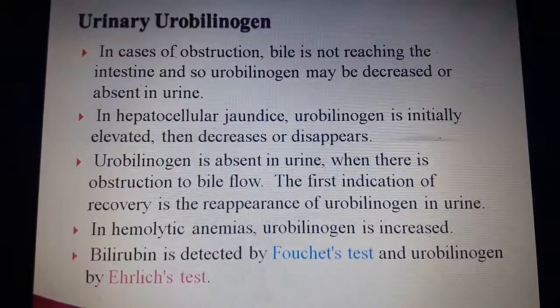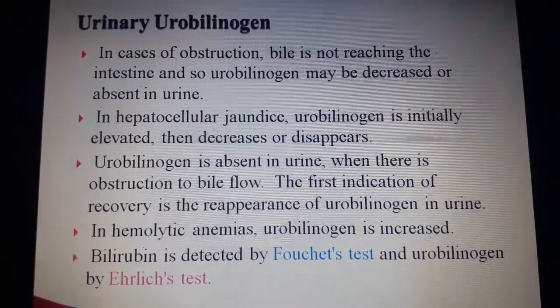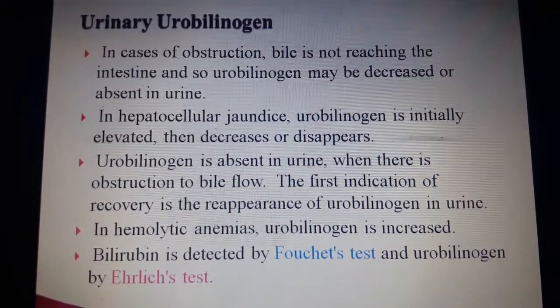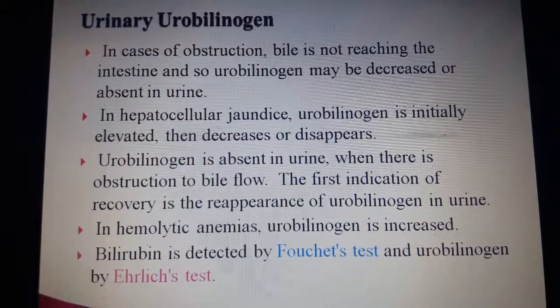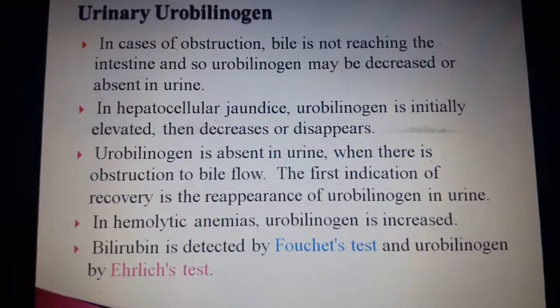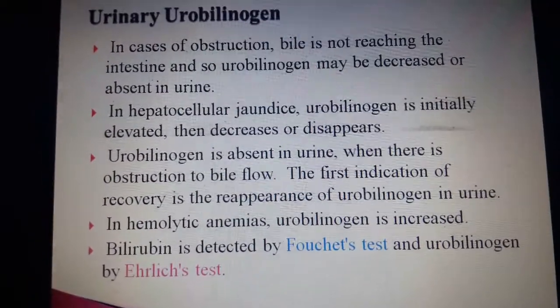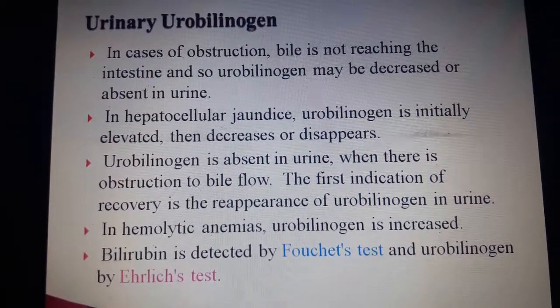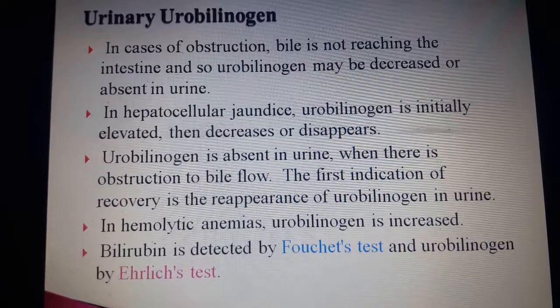Urobilinogen in urine. In case of obstruction, bile is not reaching the intestine, and so urobilinogen may be decreased or absent in urine. In hepatocellular jaundice, urobilinogen is initially elevated, then decreases or disappears.